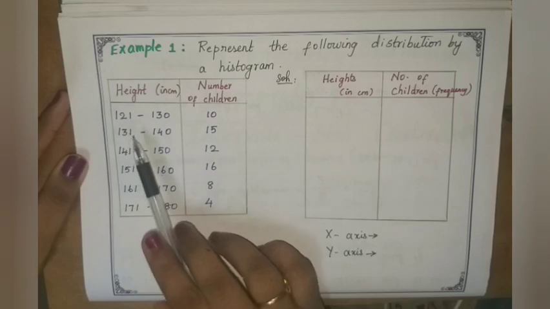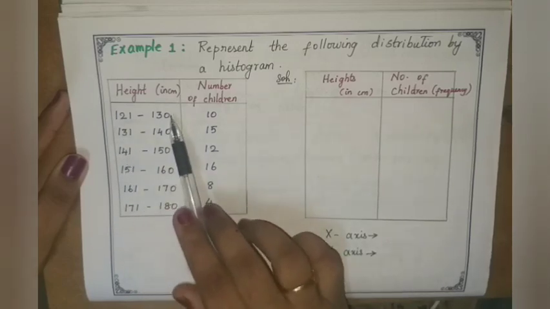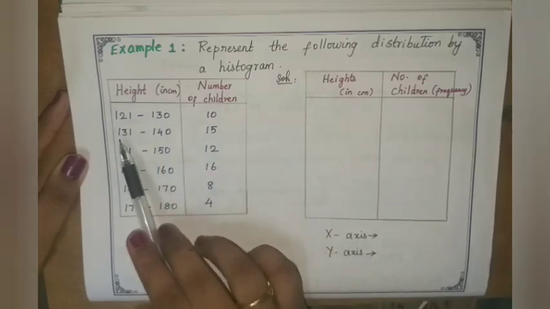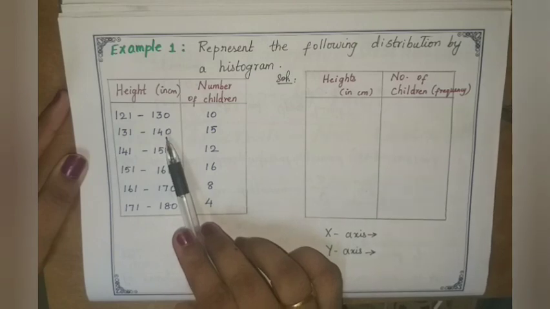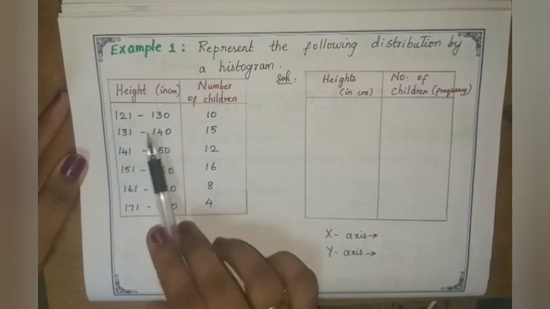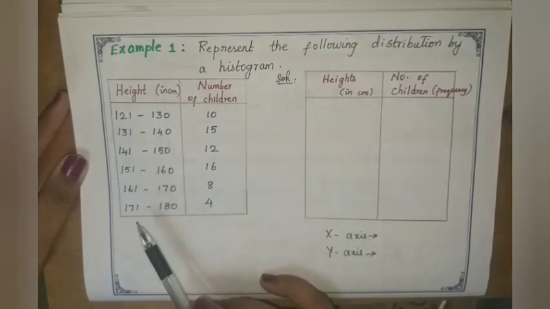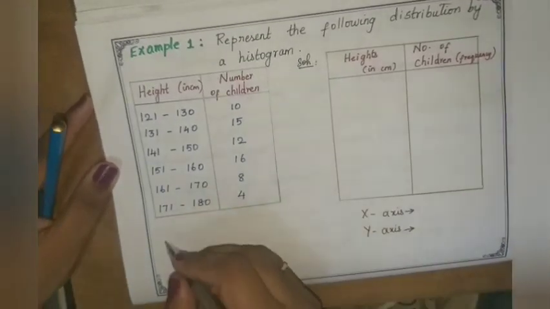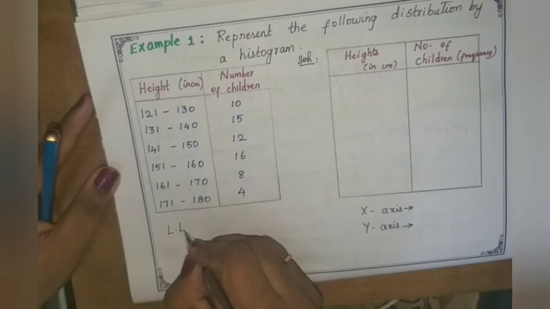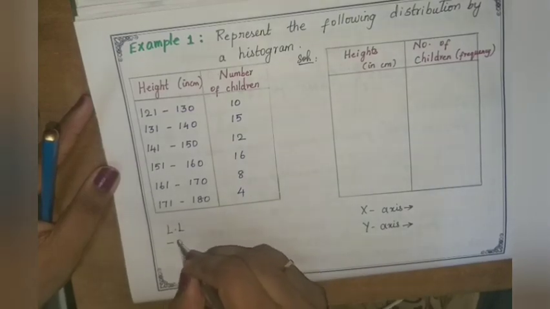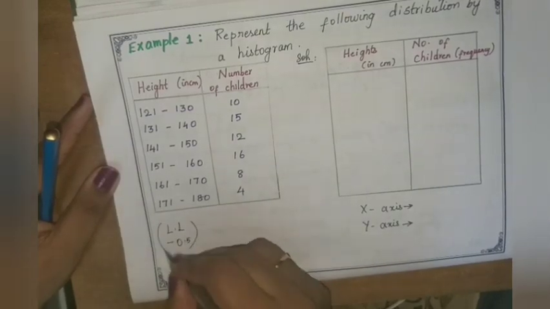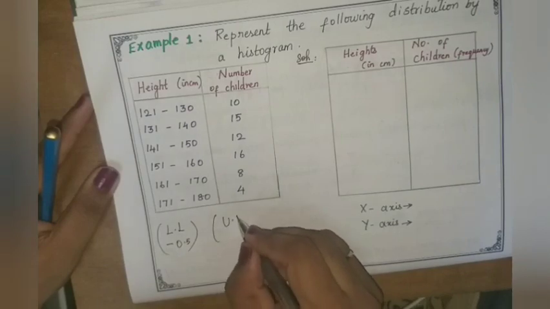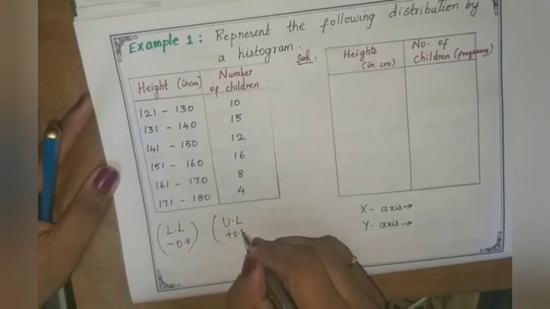See the class interval here. 121 to 130, again it starts with 131 to 140. So it is a non-continuous class interval. For this we use the rule: for the lower limit subtract 0.5 and for the upper limit add 0.5.